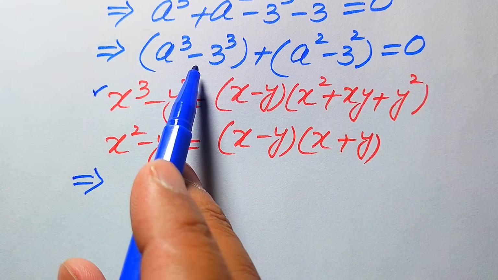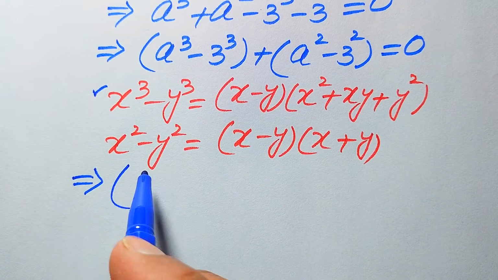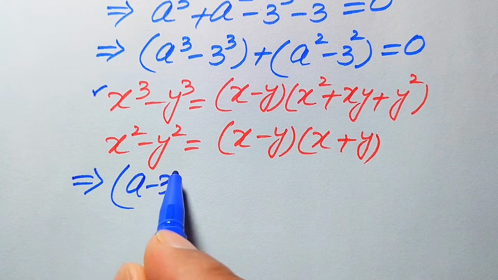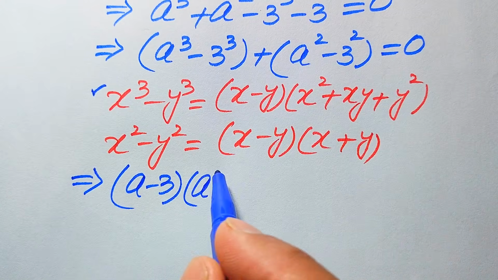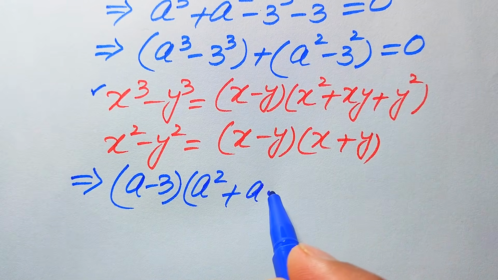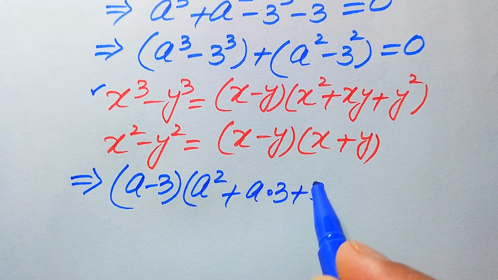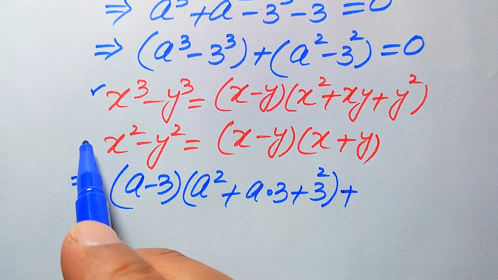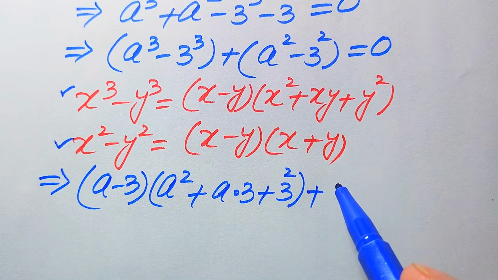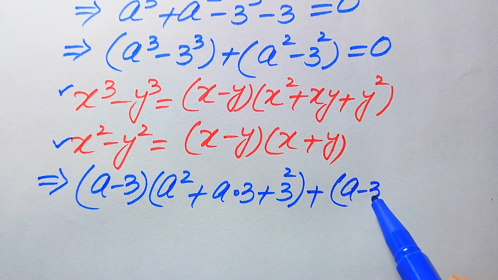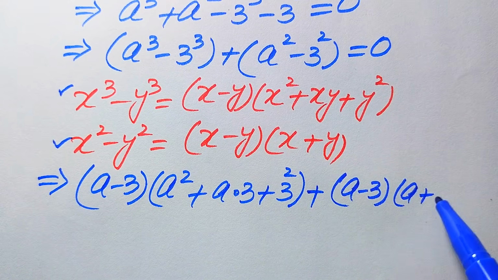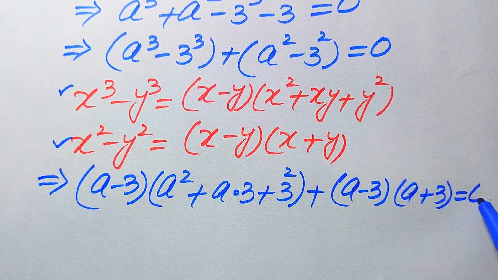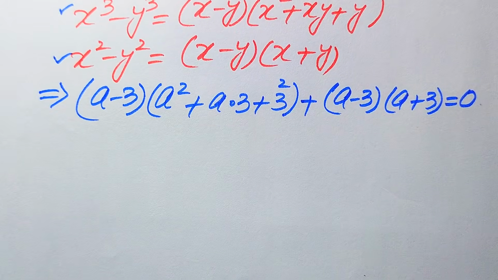First we apply the cubic formula on the first factor. When we apply this formula here, it will be written as a minus 3 times a squared plus a times 3 plus 3 squared, and plus in the second factor we apply the second formula, so it will be written as a minus 3 times a plus 3, and this whole equation equals 0.